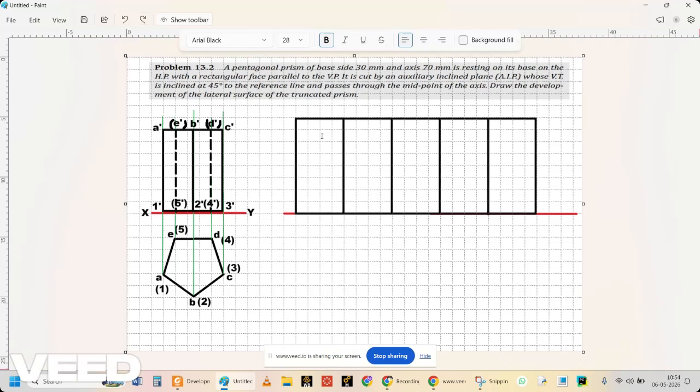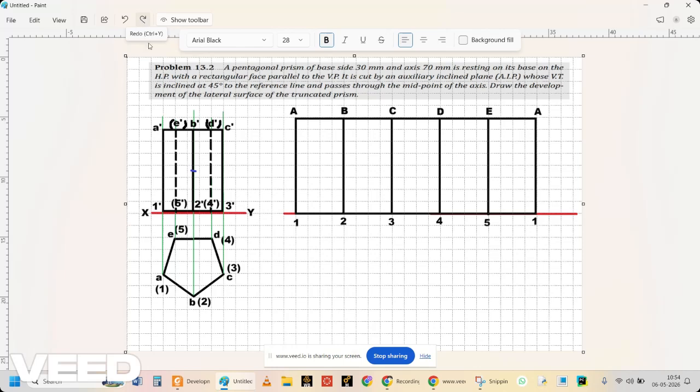Please understand this height is supposed to be maintained the same as the front view, but for your understanding I have projected it a little bit more. Now I'll modify that when I am making the cut section. Now I am marking all these points A, B, C, D, E, A and 1, 2, 3, 4, 5 at the bottom. Then I have to project this cutting plane.